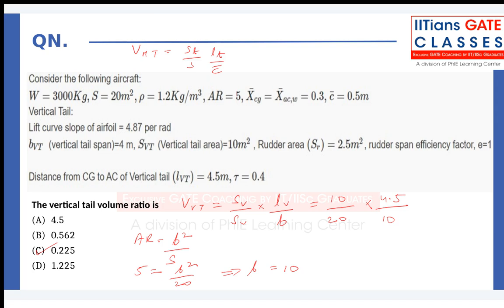So CM was half rho V squared S C bar, right? There was a C bar in that equation, correct? Similarly, for the Cn equation, the wetted surface area would be the span of the wing.